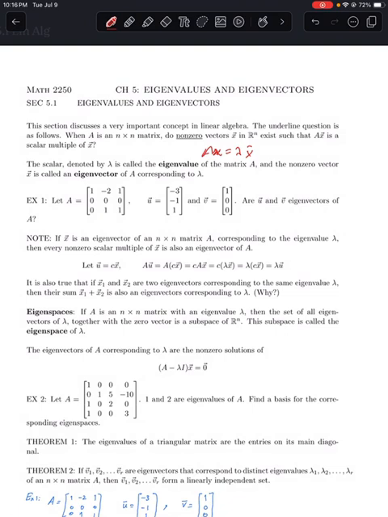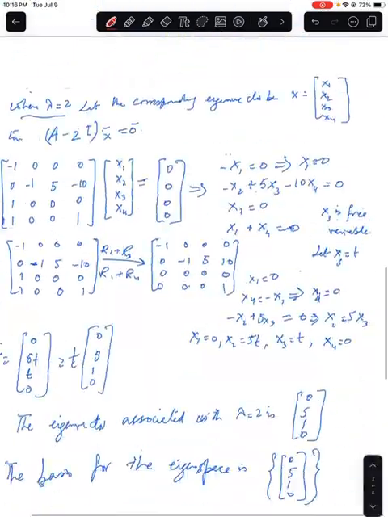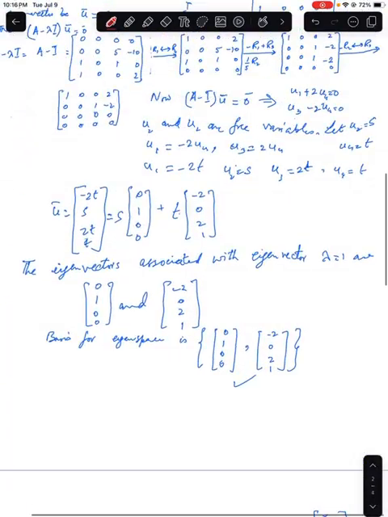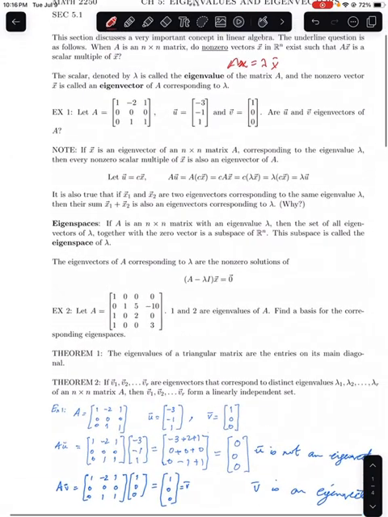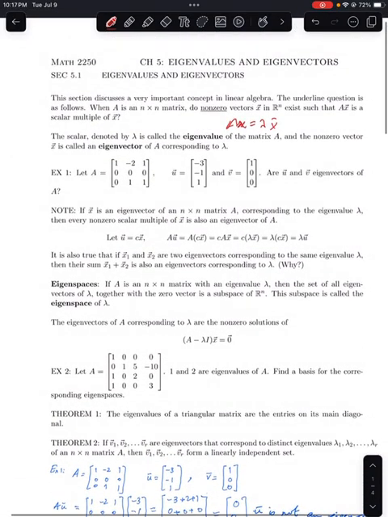We will learn how to find them, and also how to check whether a given vector is an eigenvector of a matrix or not, or whether a given scalar value is an eigenvalue of the matrix or not. So here we are going to start by looking at example 1.